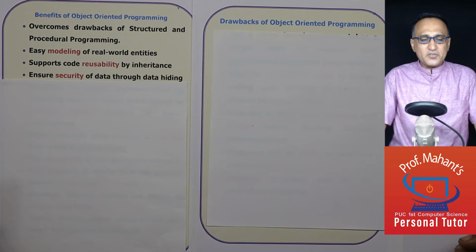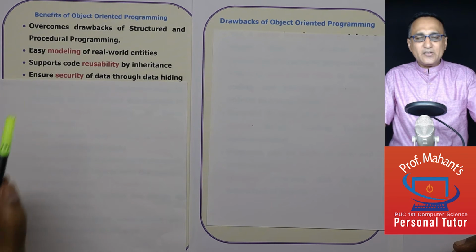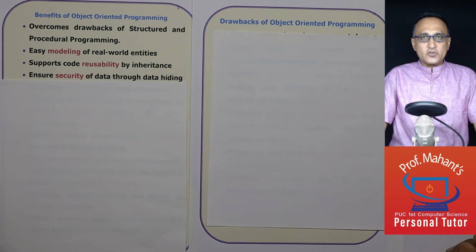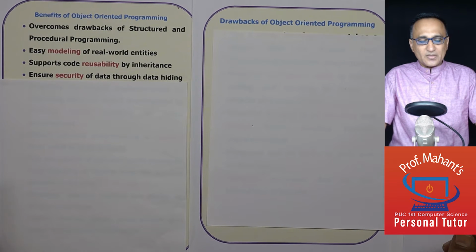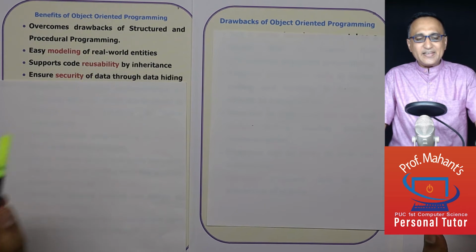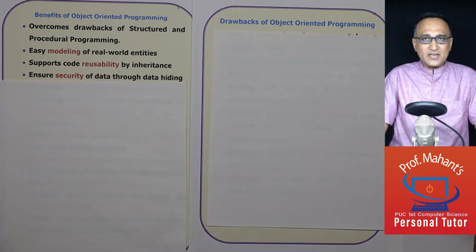The advantage of object oriented programming is it overcomes the drawbacks of structured or procedural programming by giving equal importance to data and code. You can easily model an entity in the real world, like the examples I gave you of PUC automation, MBA automation, school automation and so on.